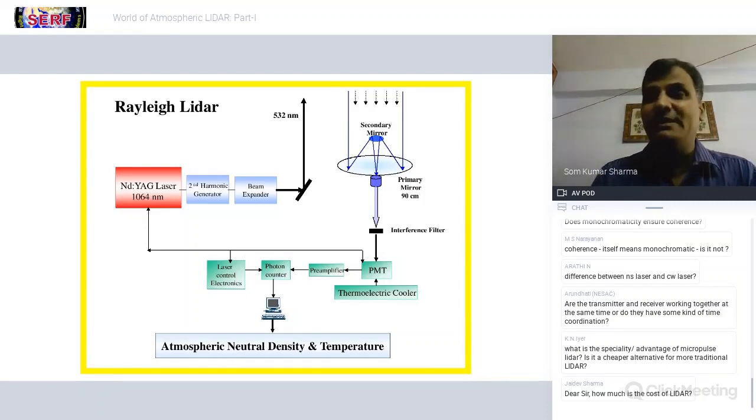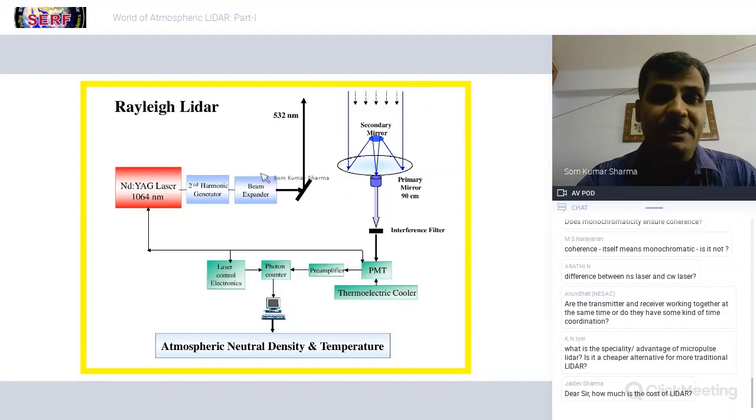The formulation is very simple: if you increase the beam waist by a factor of 2, then the divergence of the laser beam will reduce by a factor of 2. That's why the beam expander is very useful. If you expand the beam waist, the laser penetration increases because the divergence decreases, meaning it covers higher altitudes. That is why the beam expander is used.